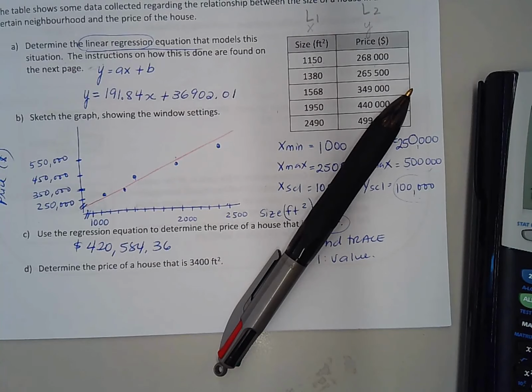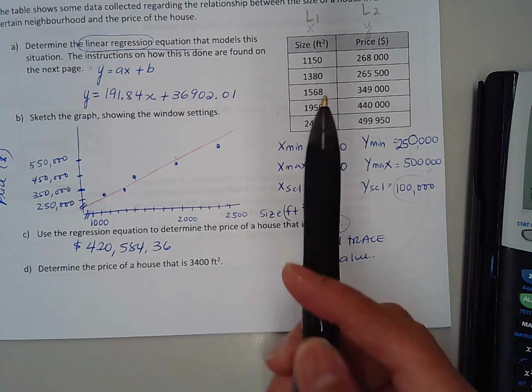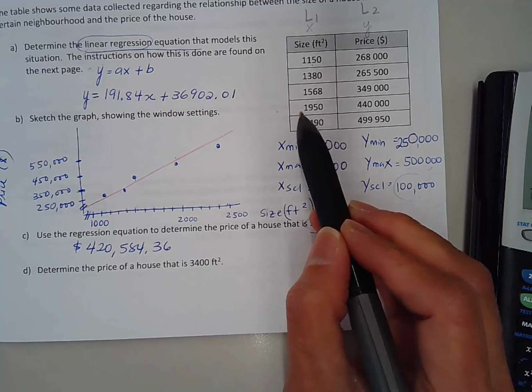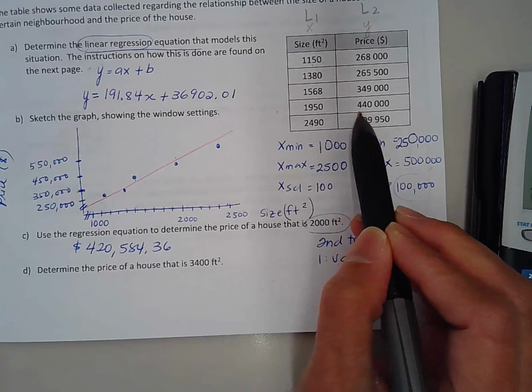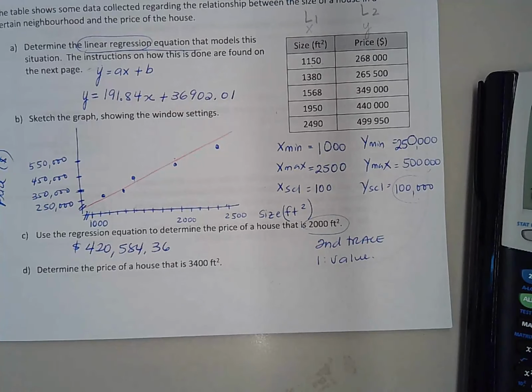Why is that? Good observation. This one here has a slightly smaller area, but why is it more expensive?